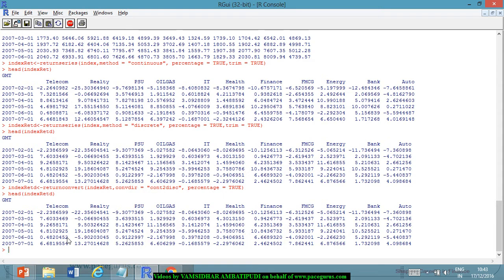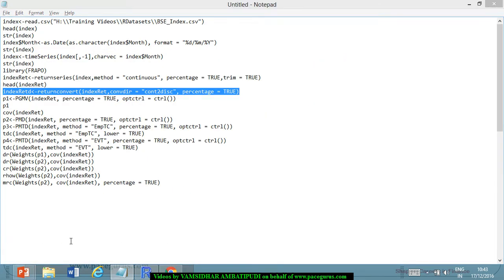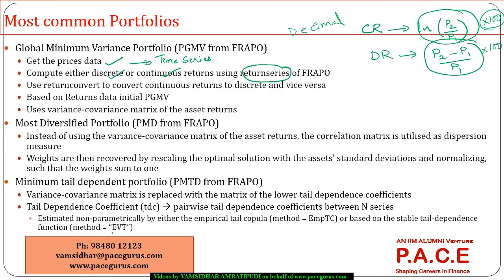So one thing is I have to decide whether I am working with the continuous returns or the discrete returns. If I have one return, I can very well convert it into the other, because the mathematics simply permits the conversion quite comfortably from one form to the other. Now comes my portfolios.